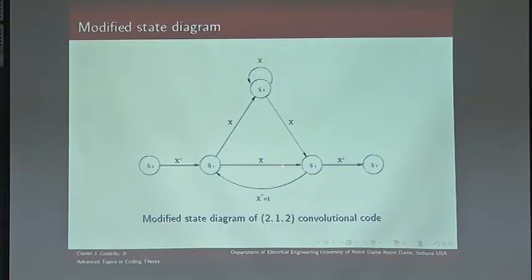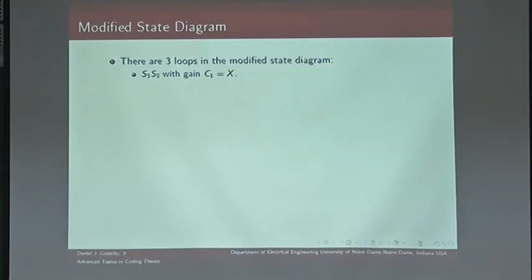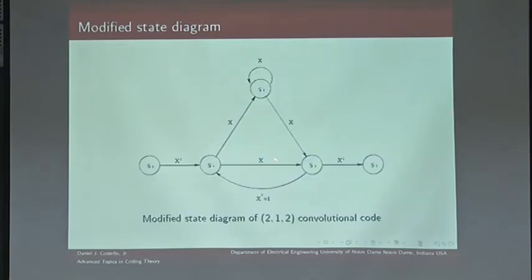The self loop around S3 has gain 1, so x to the first power. The S1, S2, S1 loop, that's this one, has total gain x to the first power times x to the 0 power, which is x to the first power.